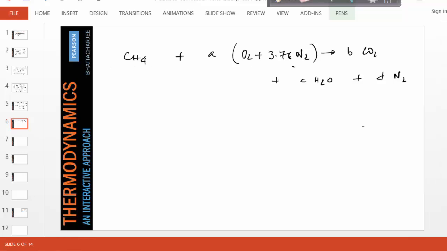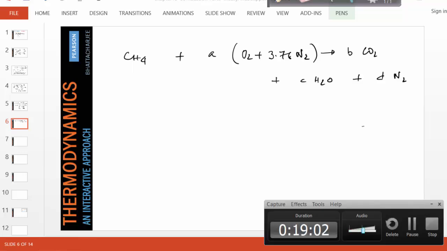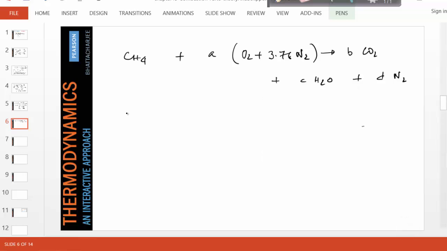So now, if you balance this reaction, I leave it to you, balance carbon, hydrogen, oxygen, and nitrogen to show the following result. Well, the atom balance will give you A is 2, B is 1, C is 2, and D is 7.52.